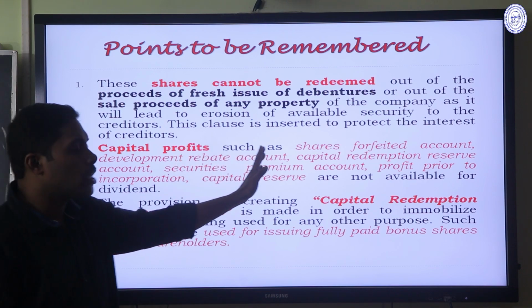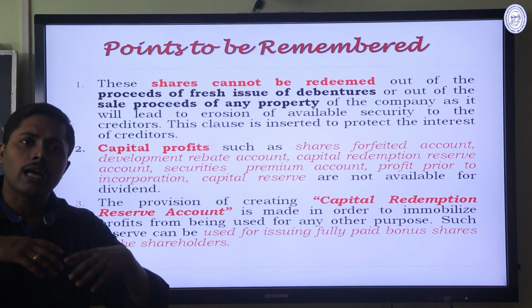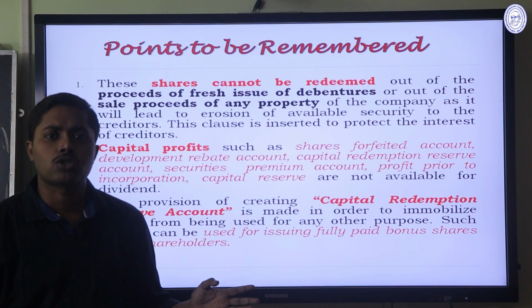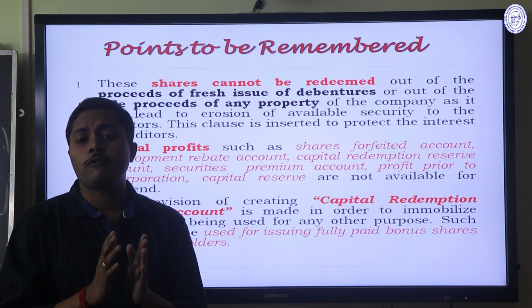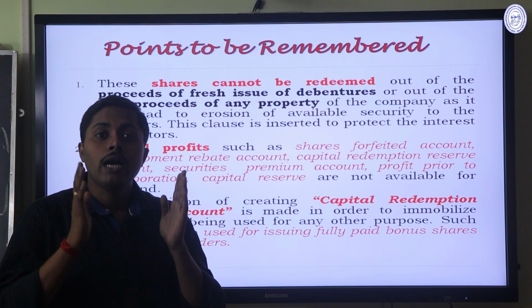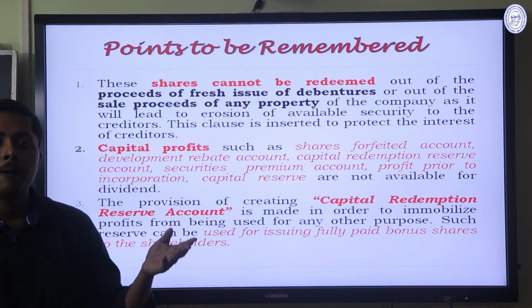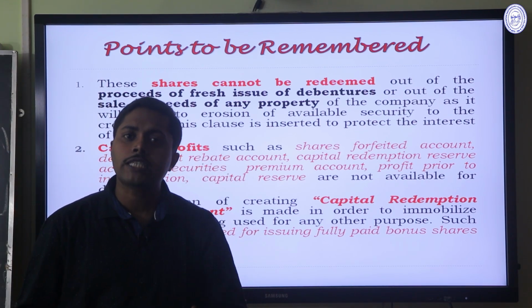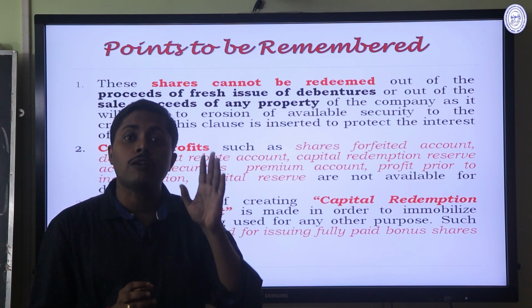Capital reserves like share forfeiture account, development rebate reserve and other capital reserves cannot be used for the purpose of redemption of preference shares. Only free reserve can be used for the purpose of redemption of preference shares, and free reserve may be like statement of profit and loss account, and general reserve, and any other reserve which is free.